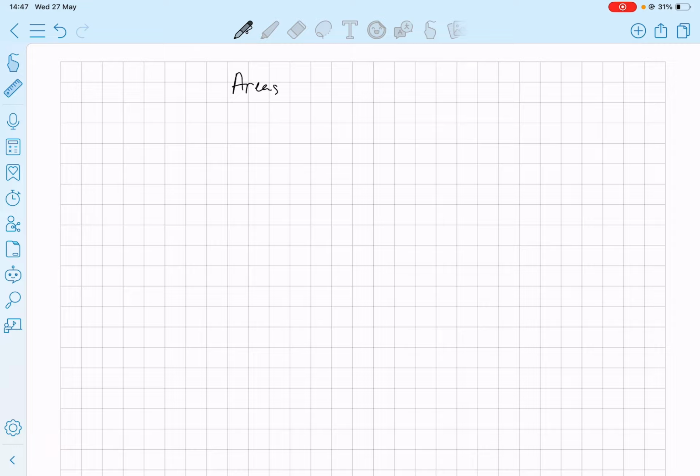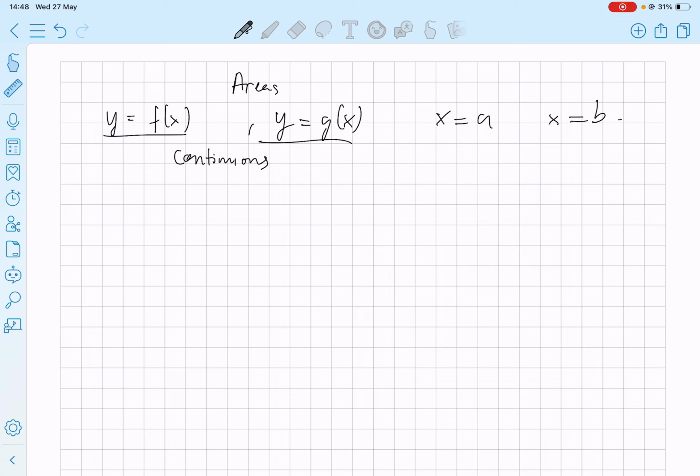area between curves. So let's say we have y equal to f of x and y equal to g of x, and the lines x equal to a and x equal to b, where these two functions f and g are continuous, and f of x is greater than or equal to g of x for all x in the interval from a to b.